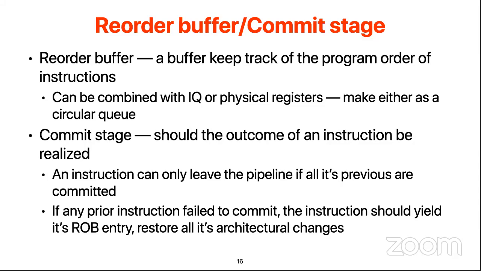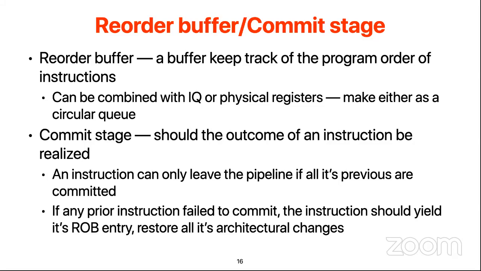So you can imagine that the reorder buffer is right now a combined unit with the instruction queue. Whenever your instruction enters the instruction queue, you will give the instruction an order, or say a number, and this number represents the order in its original program.